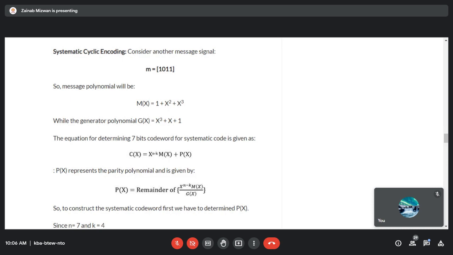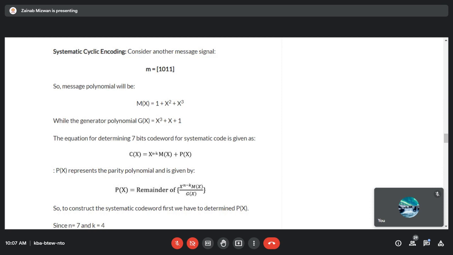This will result in the code polynomial. Either you write the code word polynomial or the code polynomial, it is going to remain same. समझ में आया? मतलब पहले हमने क्या किया है? m of x को हमने मल्टीप्लाई किया है.